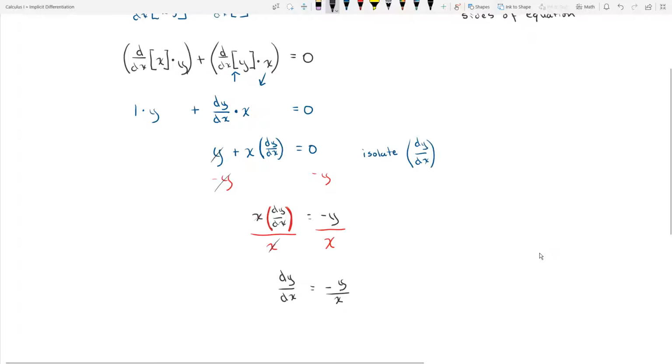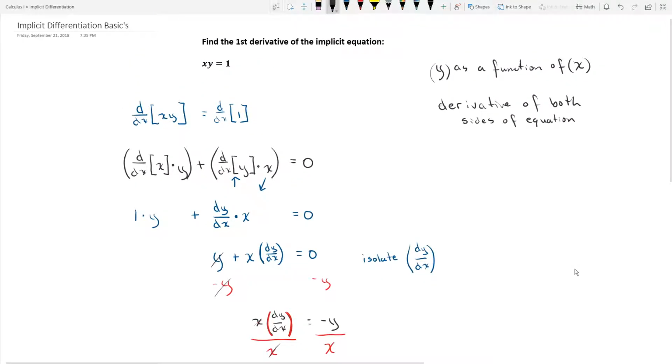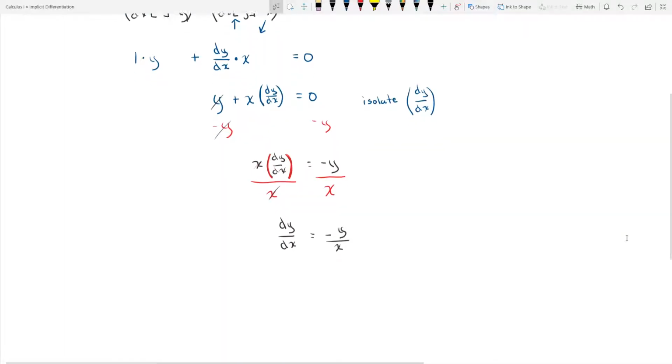And now I'll show you how this can also look if we had simply taken the original x times y equals 1, isolated for y, and then just took our standard derivative rules and applied those. So we are going to do that next to it here.